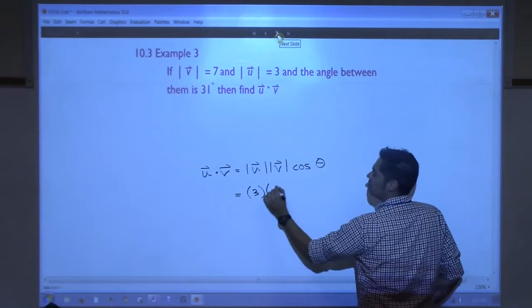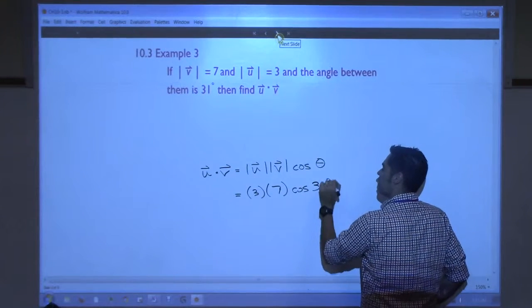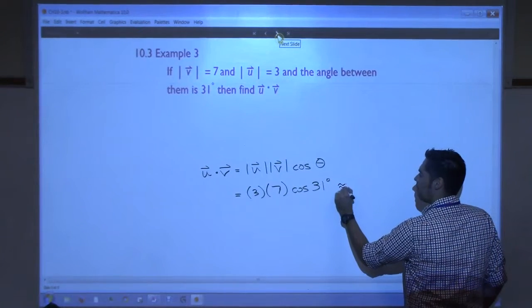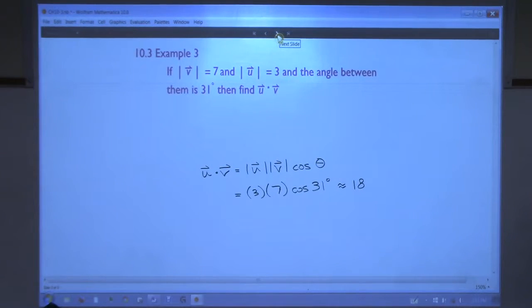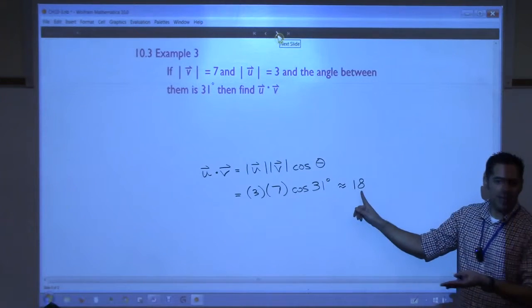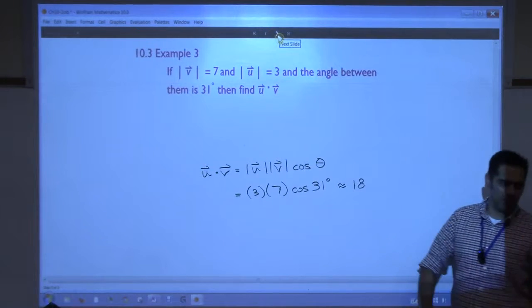Magnitude of V, 7, cosine of 31 degrees. Get your calculator out, and make sure you're in degree mode. What do you get? About 18? Okay, that's good, because it being a positive answer, the angle was acute, so that makes me feel better that that's right.